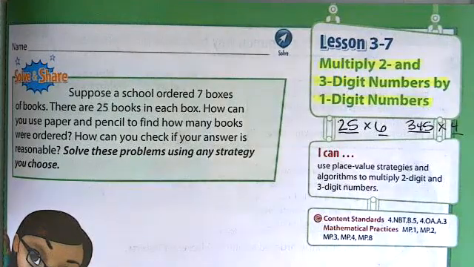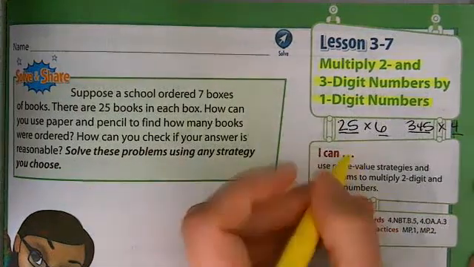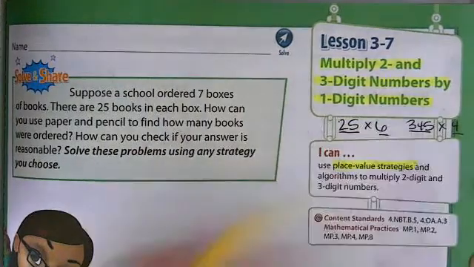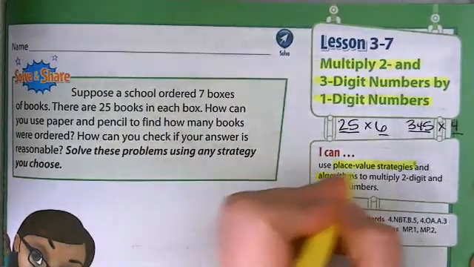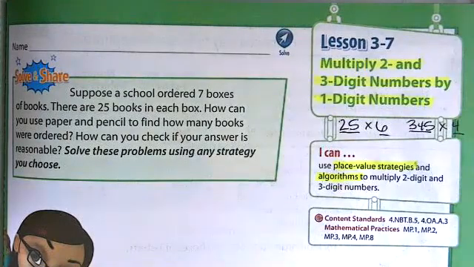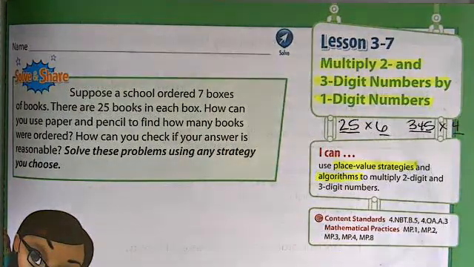So we are going to be doing this skill using place value strategies, which we've already been doing, and algorithms. So we're going to go ahead and touch on that and see how we're going to do it. And I think you're going to be excited to see how we are going to apply our next strategy.